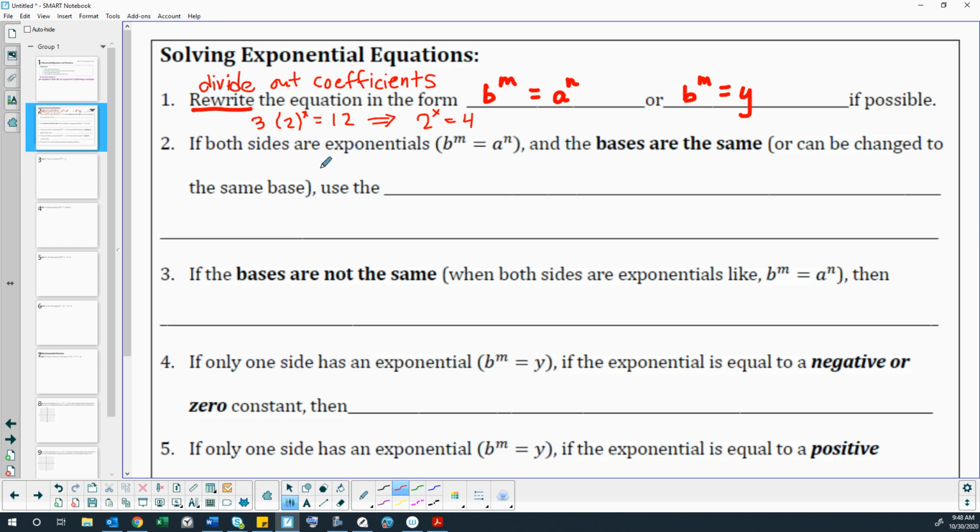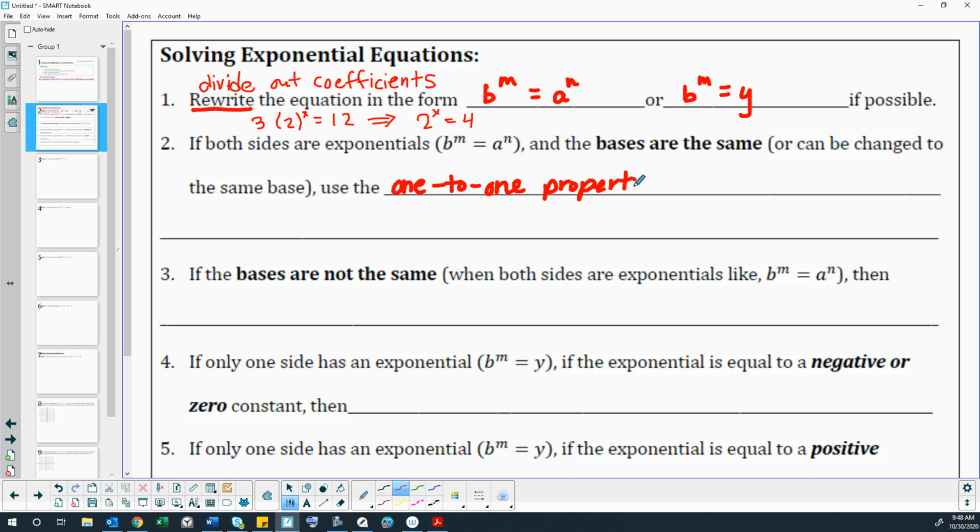Step 2. If both sides are exponentials, like this first form where we have a base to a power equals a base to a power, and the bases are the same, or we can change them to be the same base, then we are going to use the one-to-one property, which we've already seen in section 4.1.